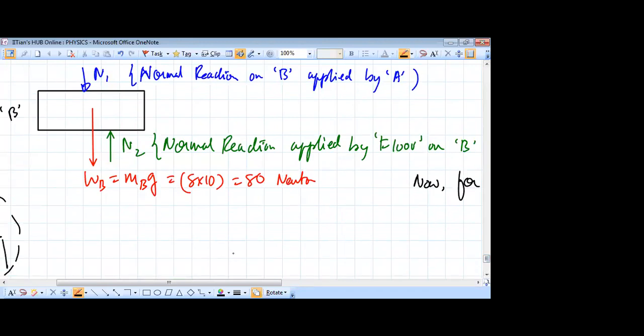There are three forces in all which are acting on B, and they are creating this situation.